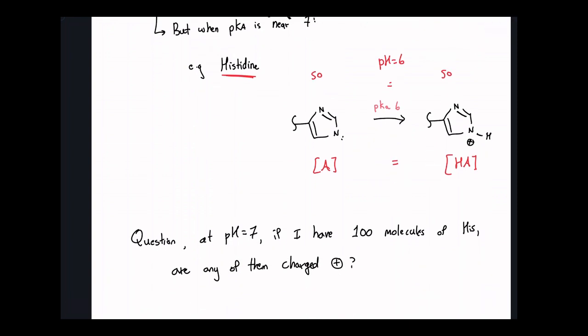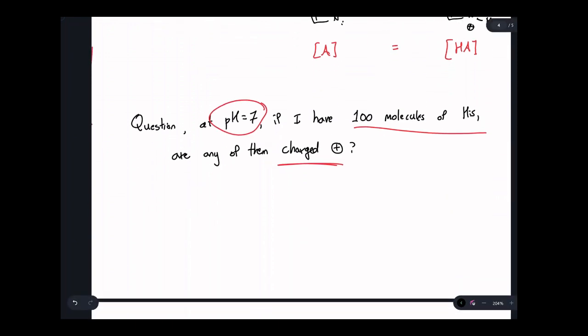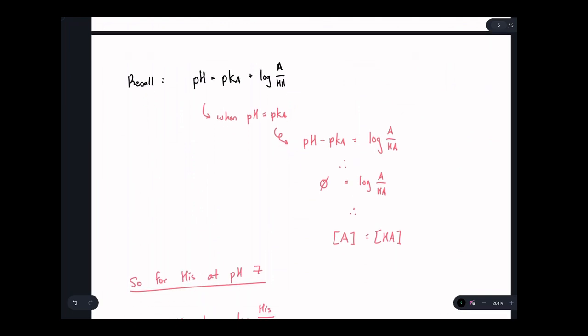At pH 7, if I have 100 molecules of histidine, are any of them positively charged? Because that's important in terms of the structure of proteins that have histidine in them. Because pH 7 is realistic biology, right? For a question, I would say it's mostly neutral, but recall this equation. Big takeaway is that if the pH is equal to the pKa, the concentration of A and HA are equal.